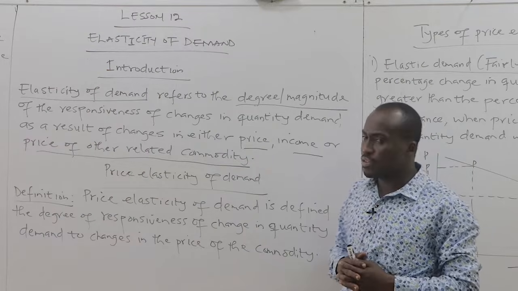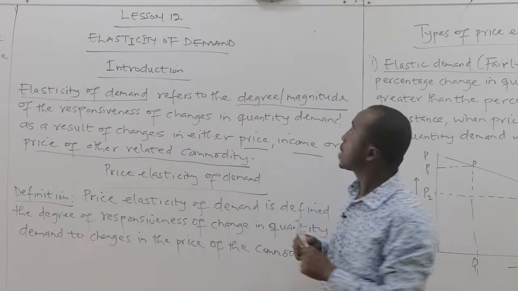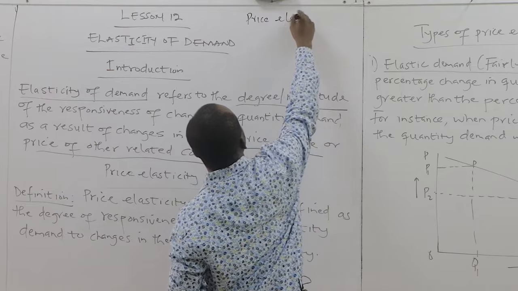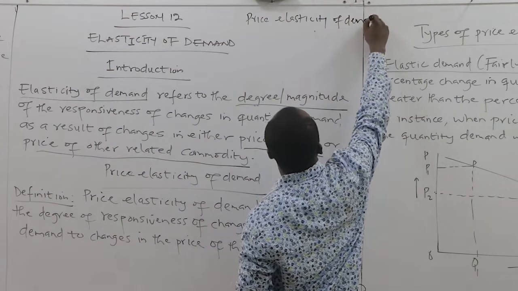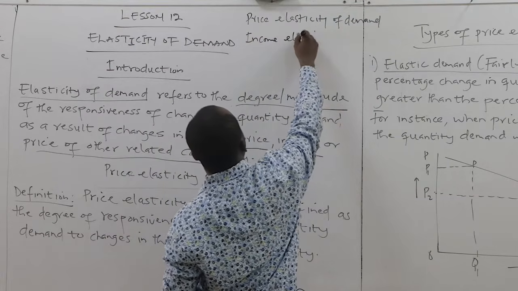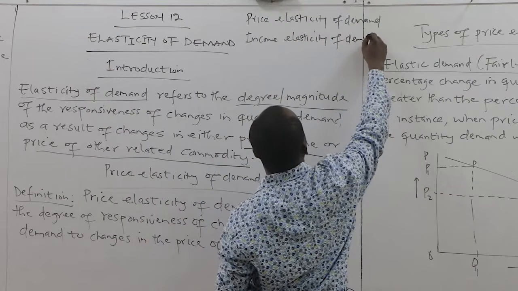When we talk about elasticity of demand, there are three types of elasticity of demand. One, we have the price elasticity of demand. We have the income elasticity of demand.